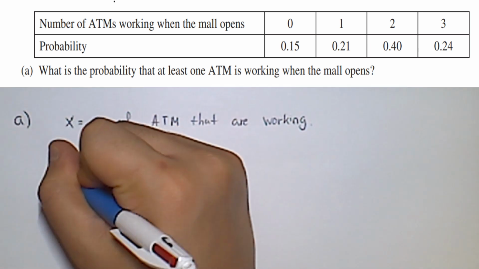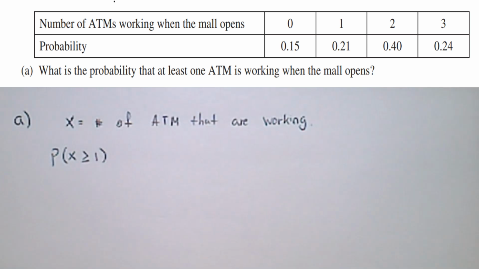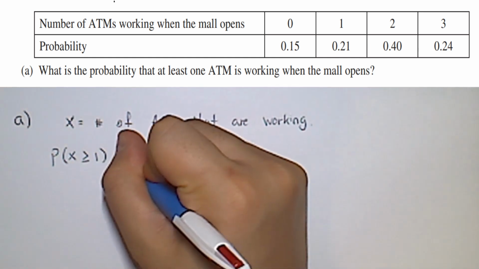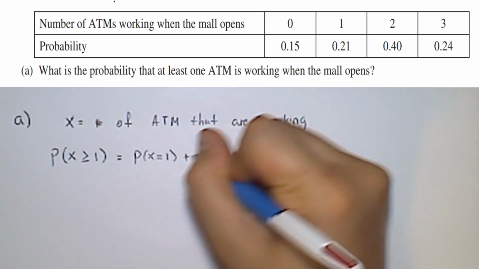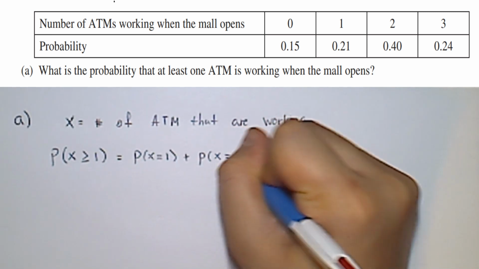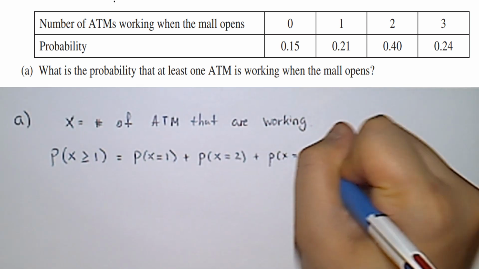And our goal for part A is looking for the probability that x is greater than or equal to 1. At least 1 means it could be 1, it could be more, so it could be 1, 2, or 3. So this means probability of x equal to 1 plus probability of x equal to 2 plus probability of x equal to 3.